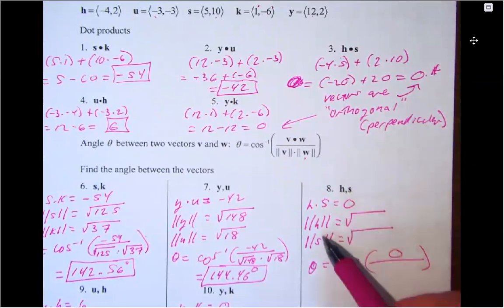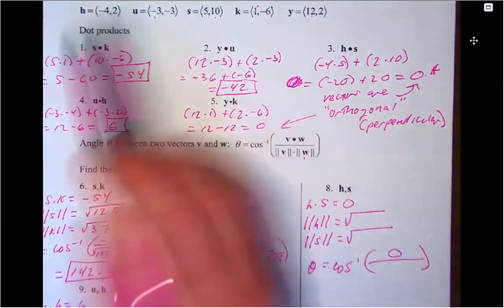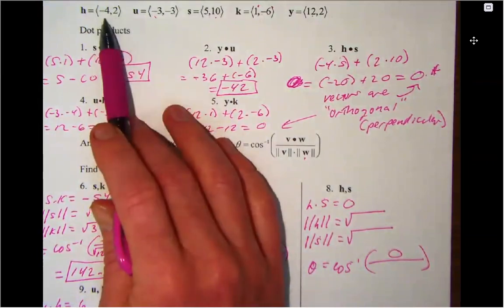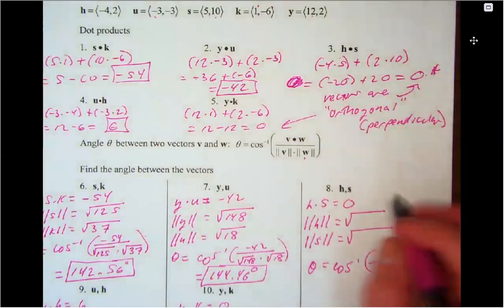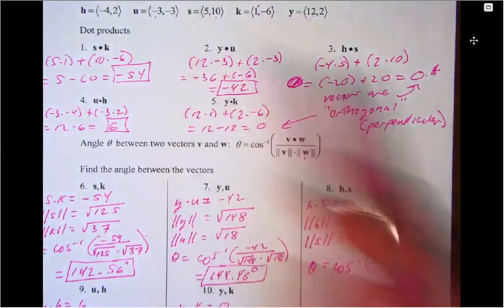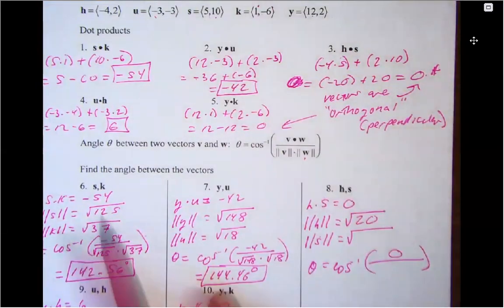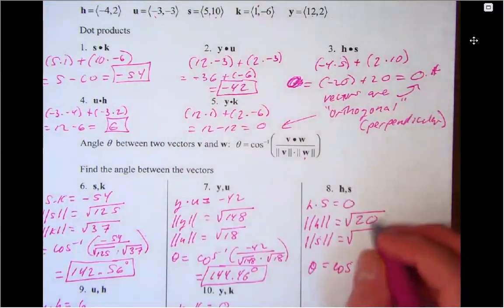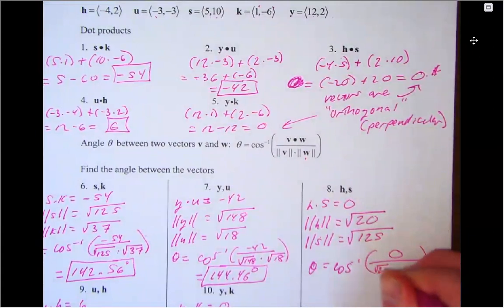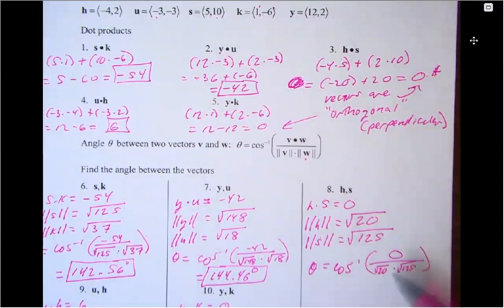So H and S, what's the magnitude of H? -4 squared, 2 squared, 16 and 4. So magnitude root 20. For S, we already had that figured out over here, it's root 125. But if it's 0 over whatever, that's going to be 0.